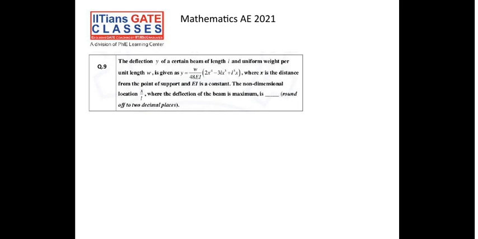This is a maxima question, and since there are a lot of variables, it makes sense to make some substitution to simplify it. So let us take our answer, the value of x by L, as a new variable. So put x by L equal to u. This means that x is equal to Lu.